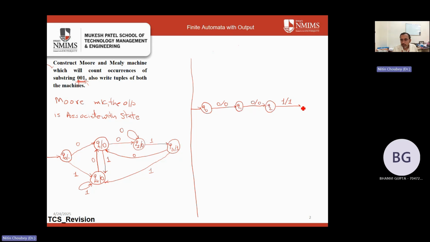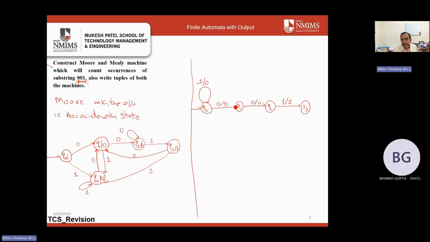Q1, Q2, Q3. Okay, if we get 1 here, we can very well show it here itself. At the initial one, the output generated should be 0 because it is not satisfying our criteria. We are looking just for 0 followed by 0 followed by 1.